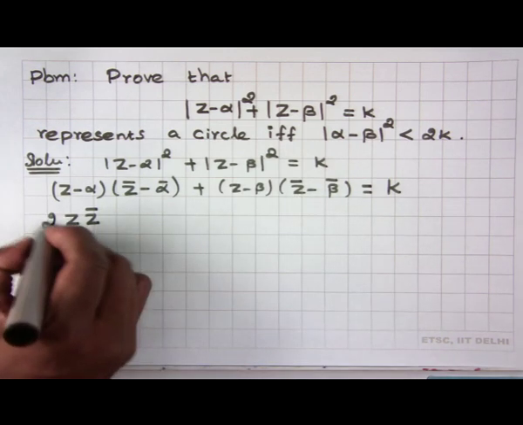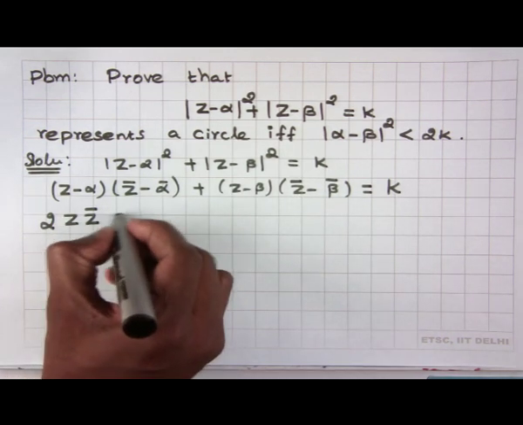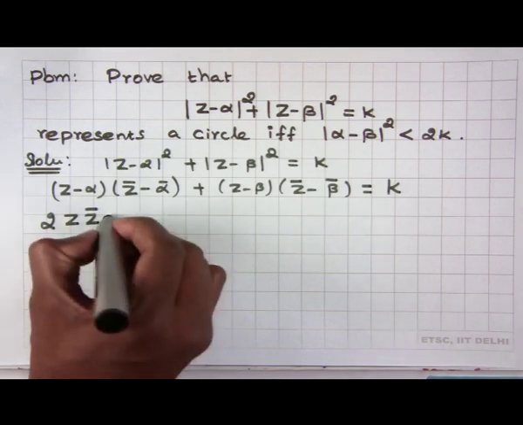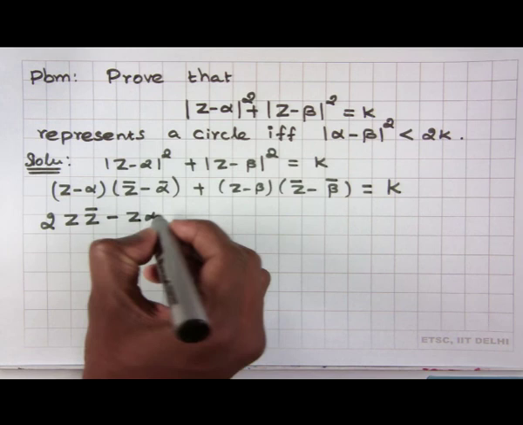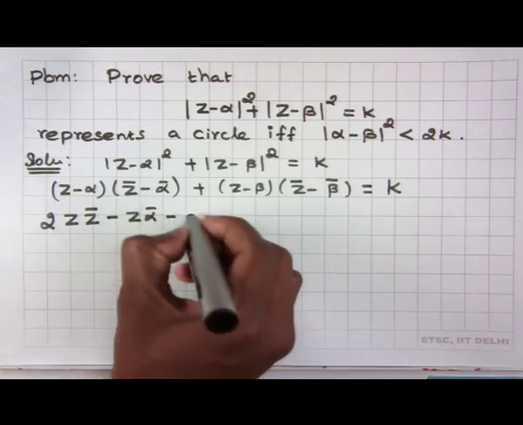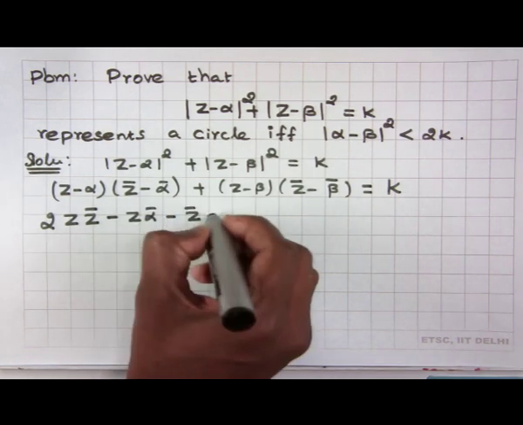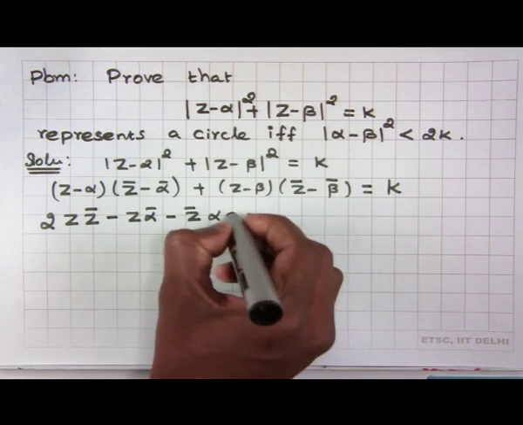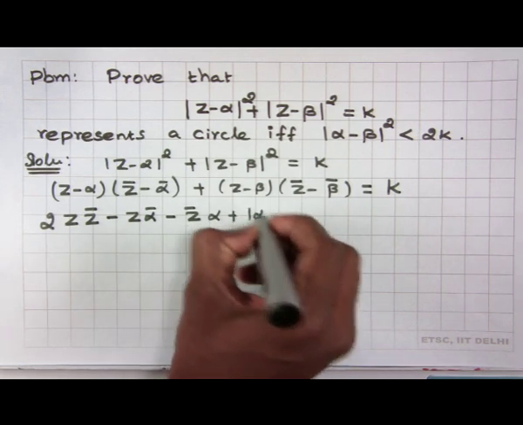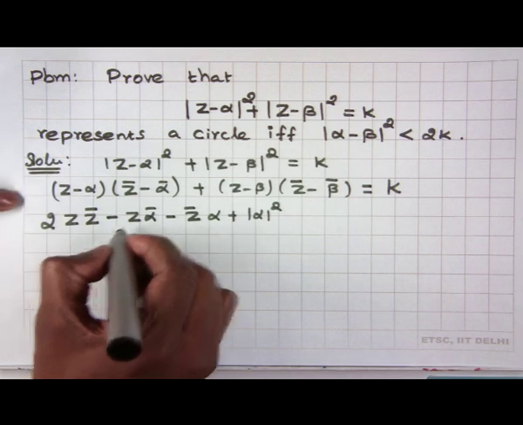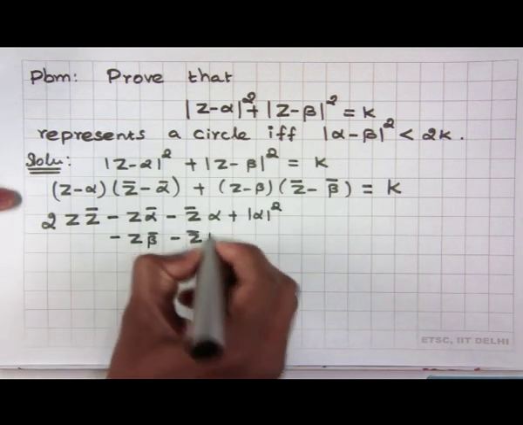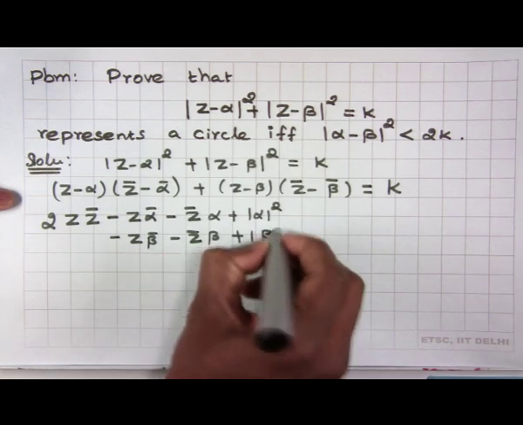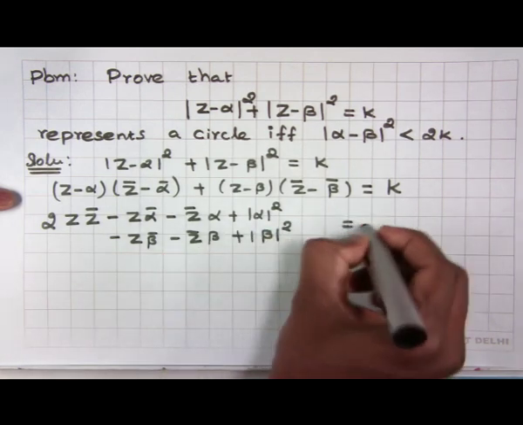So, we get 2 z z̄ minus z ᾱ minus z̄ α plus |α|², and the other terms are z β̄, z̄ β plus |β|², which is equal to k.